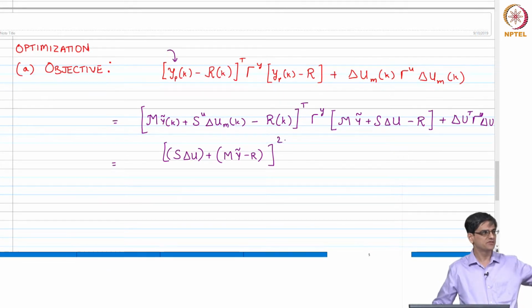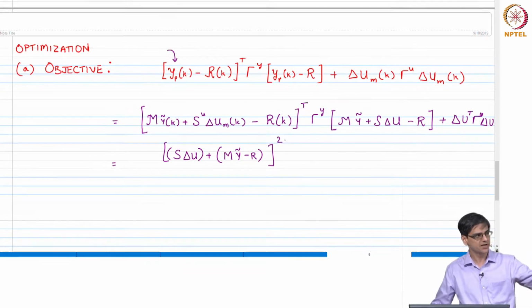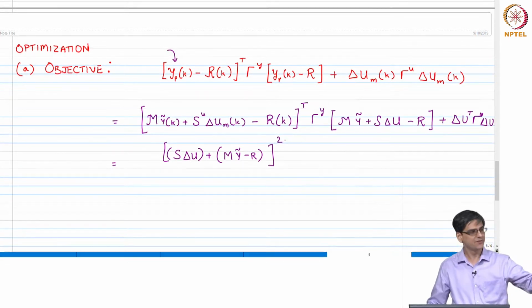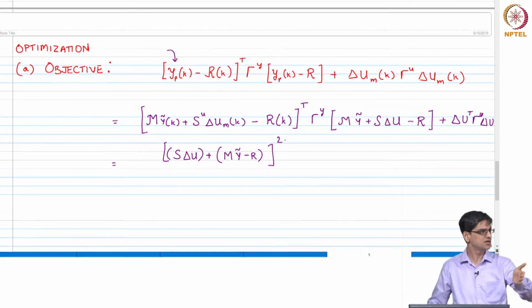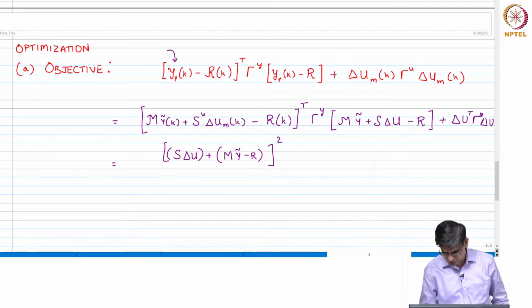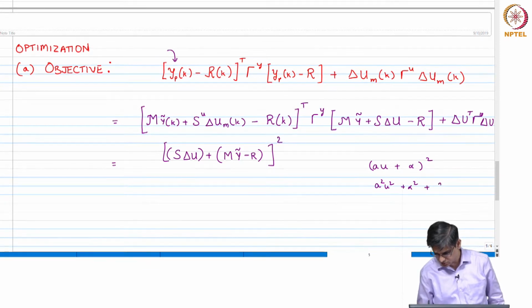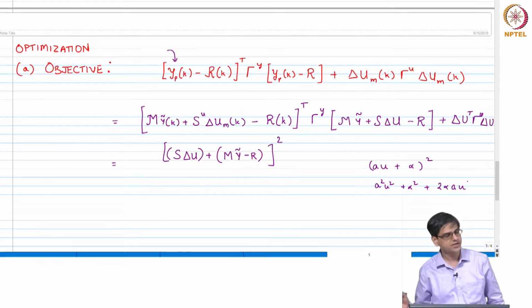So, you will have basically s square u square term, you will have my minus r squared term, and then you will have 2 multiplied by my minus r multiplied by s multiplied by u term, right. If this was a scalar, au plus alpha squared is going to be a square u square plus alpha square plus 2 alpha au, right.